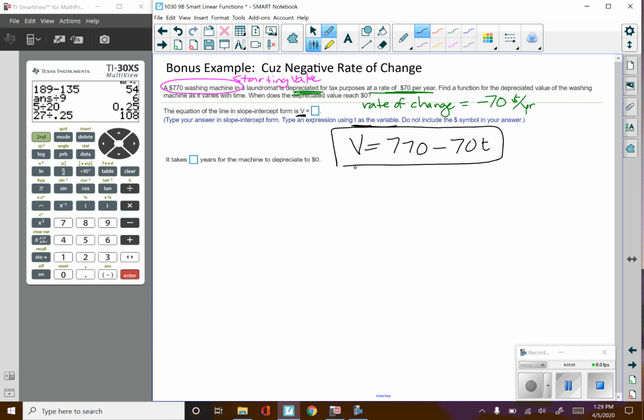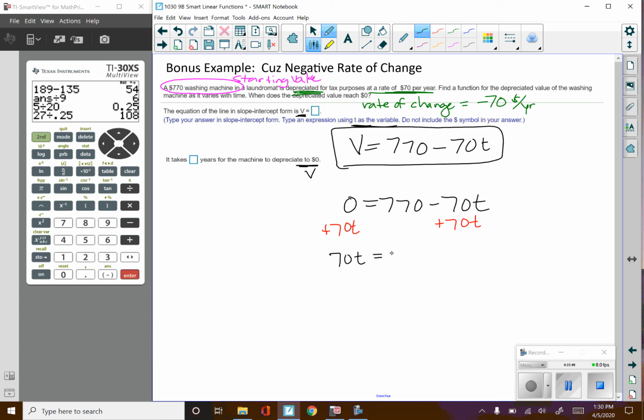That's the first part. And then the second part, the follow-up question is, how many years will it take until the machine has depreciated to $0? So that's a value, so we're going to put that in for V and solve. In this case, personally, I'd probably add 70t, but you could do other ways.